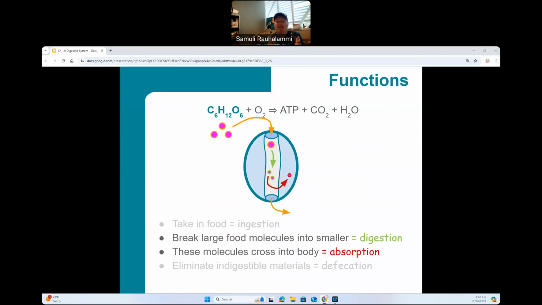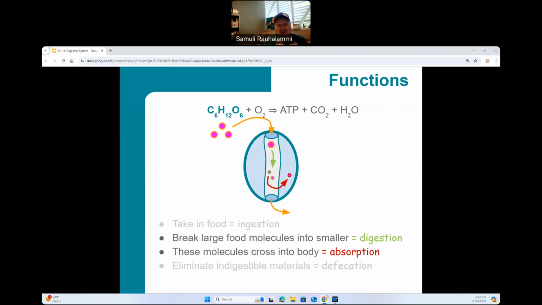By that I mean to pass from this tube that's inside the body across those membranes to the body itself. So these large molecules must be broken down into smaller molecules, and this process is known as digestion. We're seeing it symbolized on that diagram as we take this larger food molecule inside the tube and break it apart into many smaller molecules.